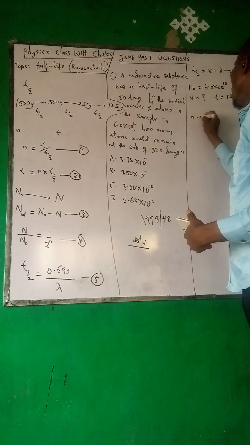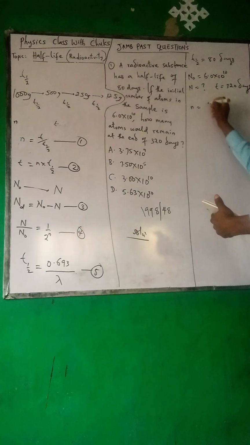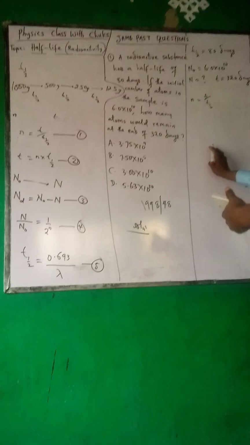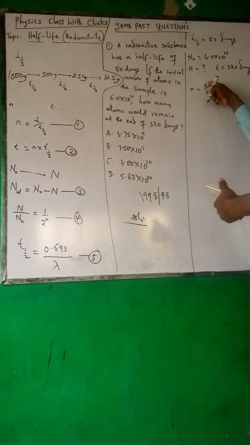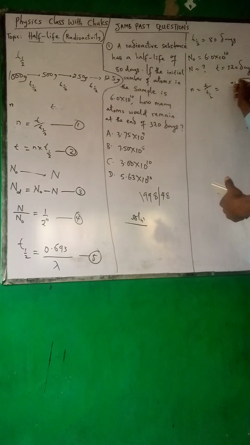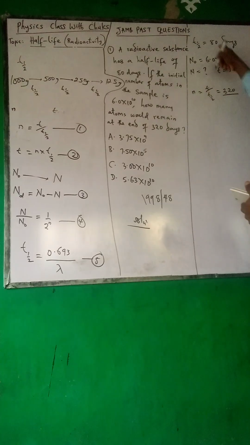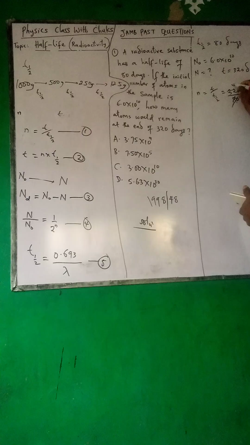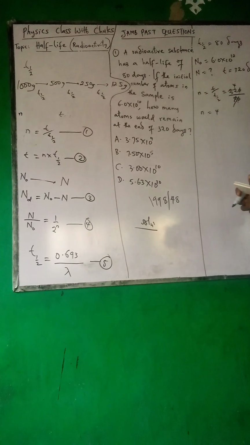So n equals t over T half. Total time is 320, so 320 over half-life, which is 80. This cancels, and this here is 4. So number of half-lives is 4. Now remember we're looking for what?